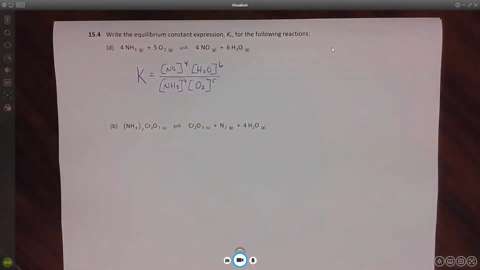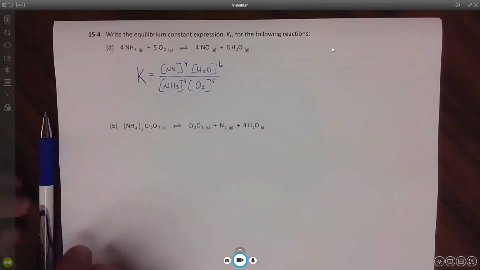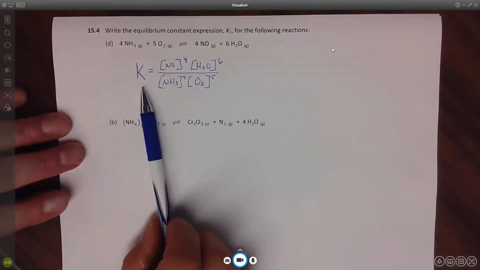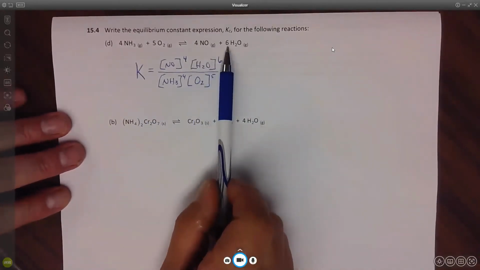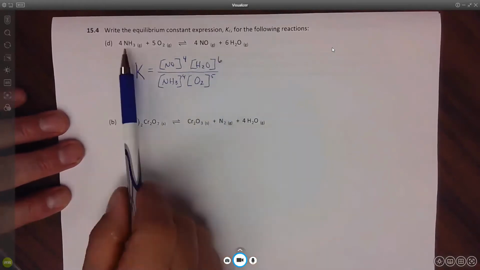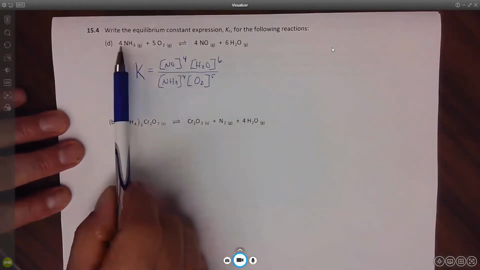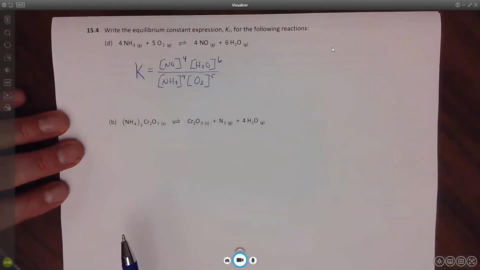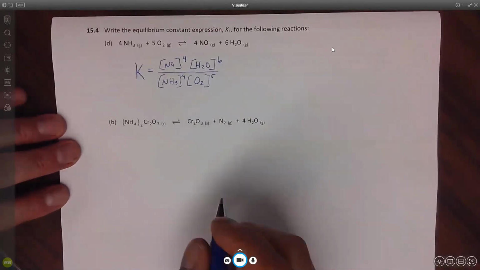Yep. Remember that the equilibrium constant is just going to be the products, each raised to the coefficients in the balanced chemical equation, divided by the concentration of the reactants, again each raised to the coefficient in the balanced chemical equation. Taylor, how about the next one?